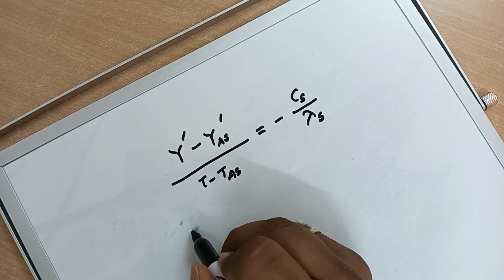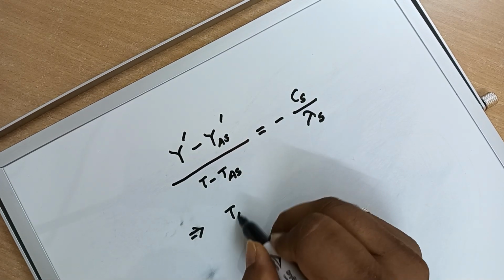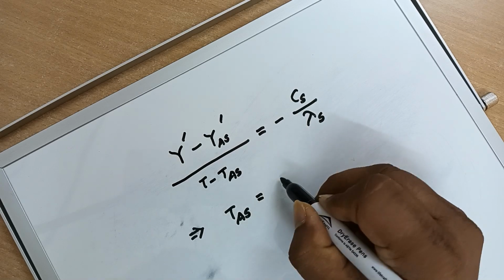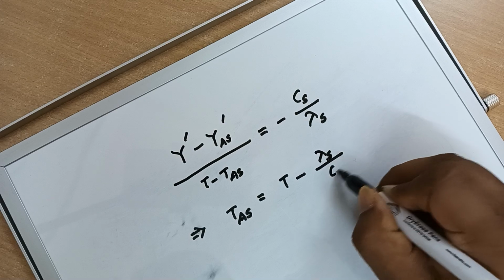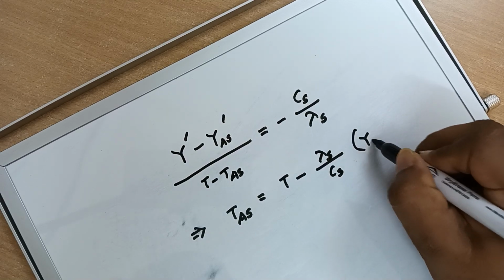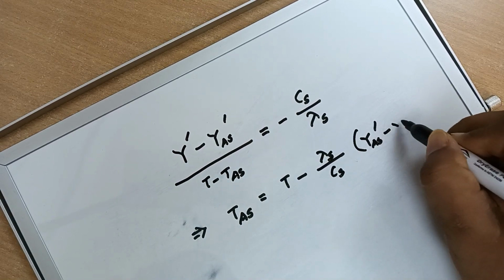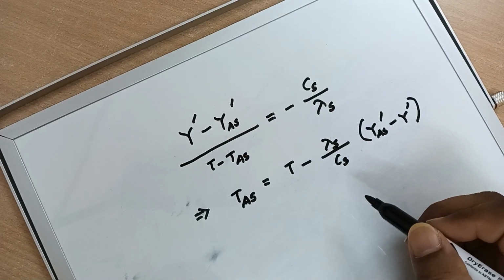If you arrange this equation, on the left hand side it will be TAS, and on the right hand side it will be T minus lambda s over Cs times (ys prime minus y prime). So this is the equation.